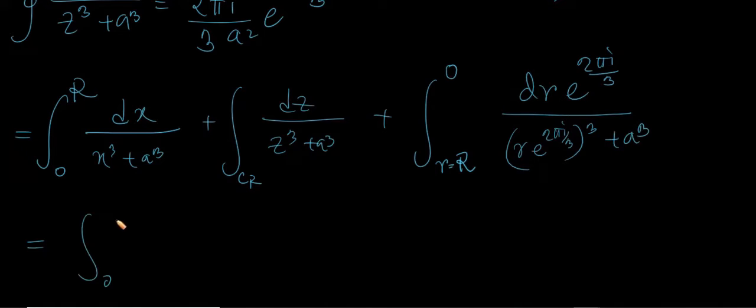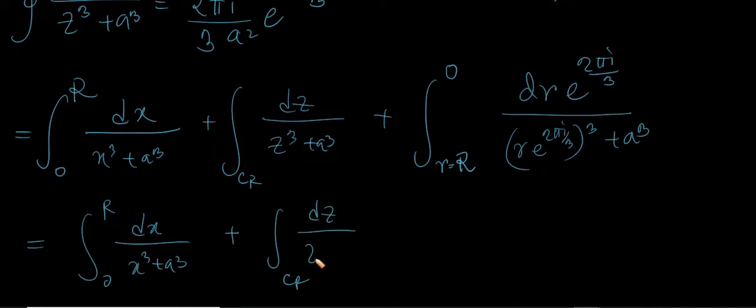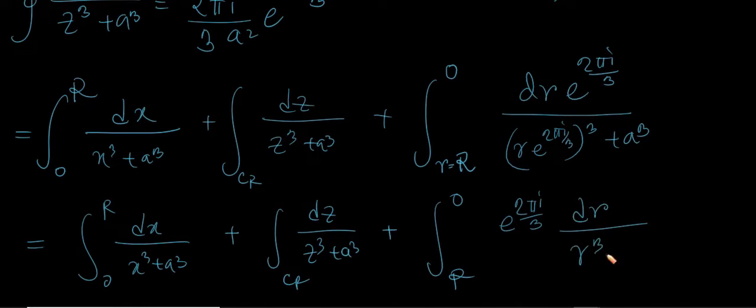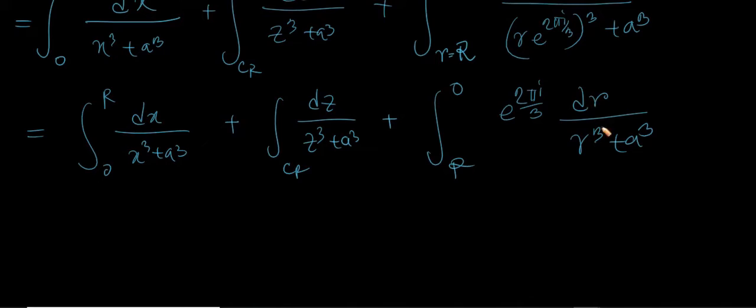So again, write them down. Now if you notice, this small r is just a dummy variable, right? So instead of r, you can also write it as x.